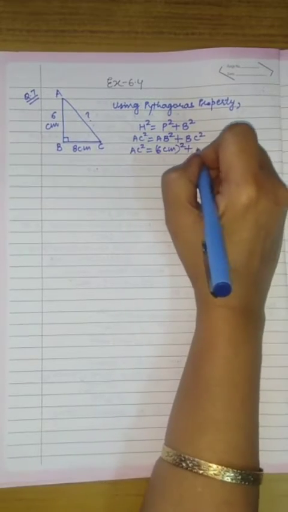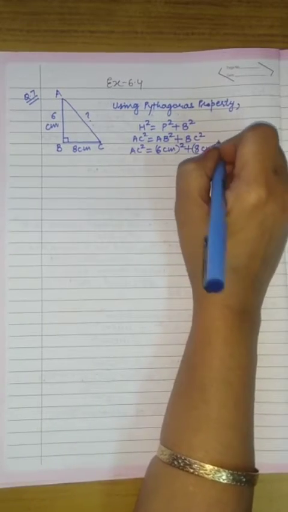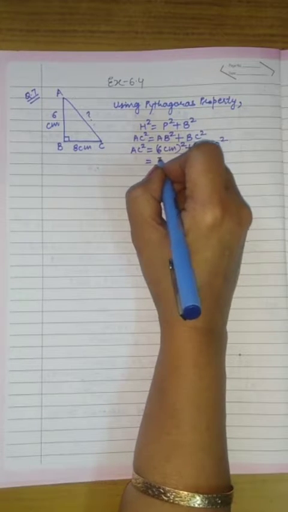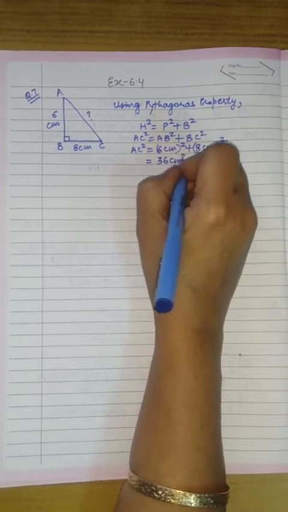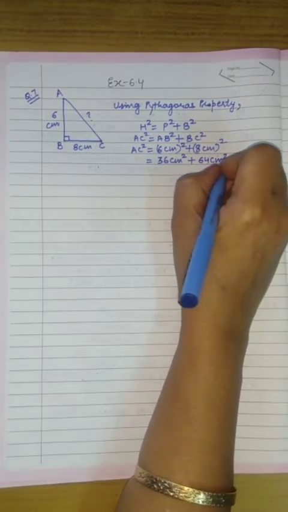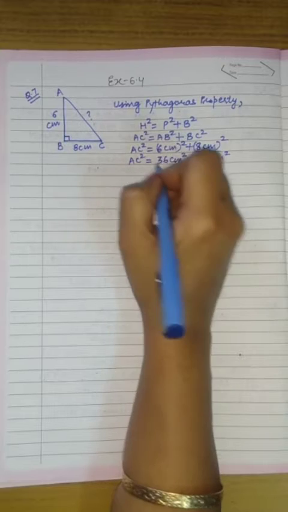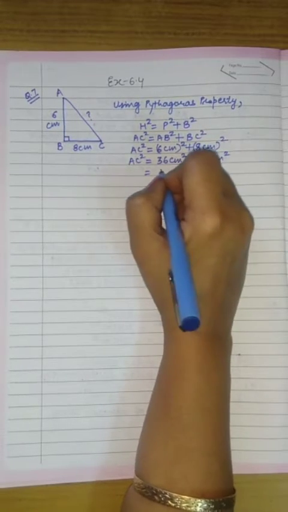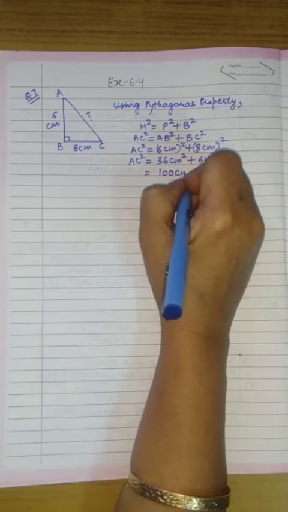Again BC is 8 centimeter whole square. Open the square. 6 centimeter square will be 36 centimeter square and 8 centimeter square will be 64 centimeter square. Now 36 plus 64 will become 100, so it will be 100 centimeter square.